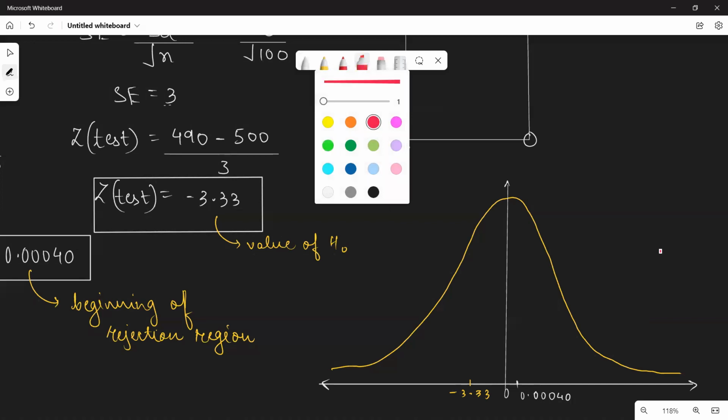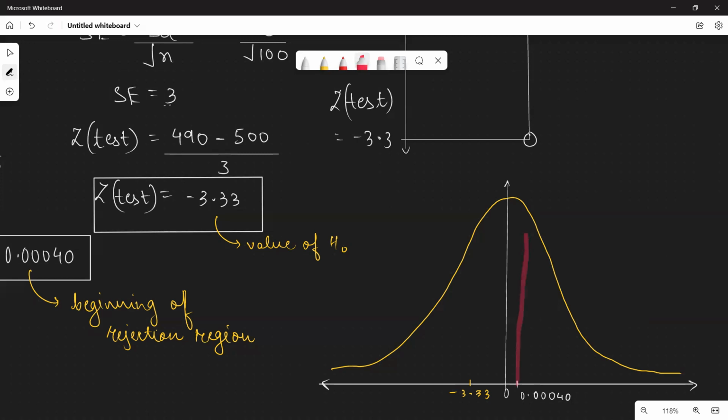I just wanted to represent it properly. So this entire area from here onwards is your rejection region, and this falls under that rejection region only. Minus 3.33 falls under that area only.